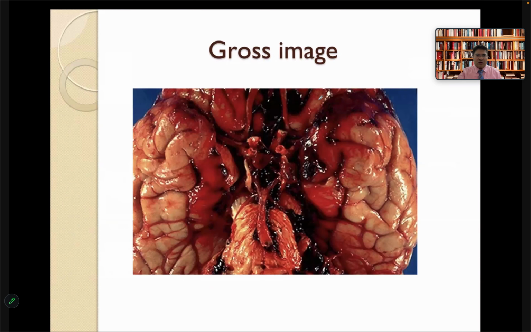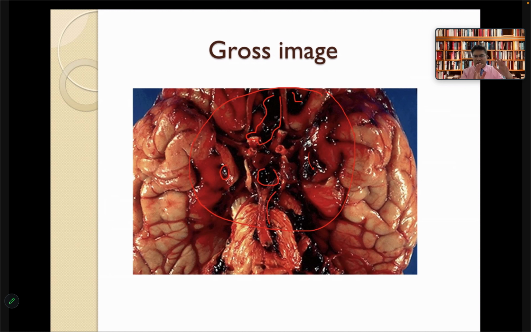Right. So this is the gross image. So now, if you look carefully in this area, and this black colored material, this is the blood. This is hemorrhage. These are blood clots, which are present at the base of the brain. So this is called as subarachnoid hemorrhage, right?